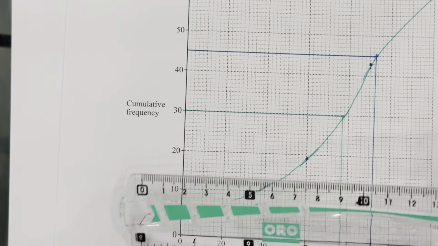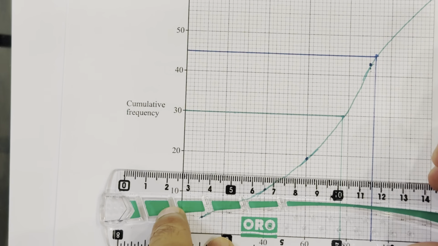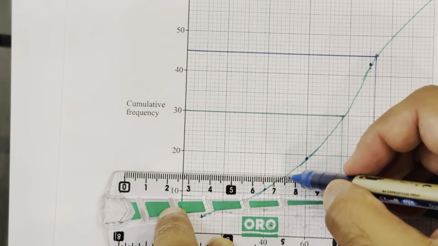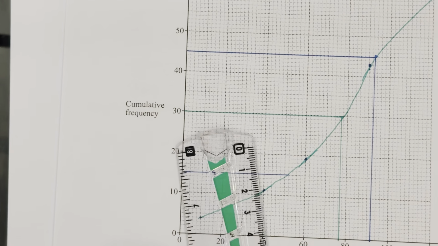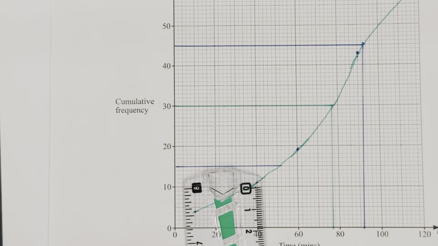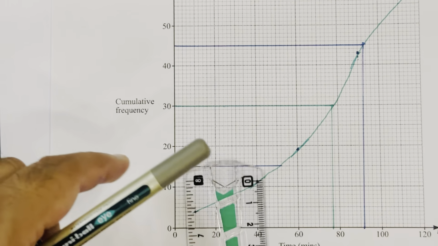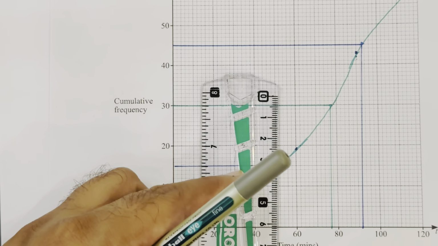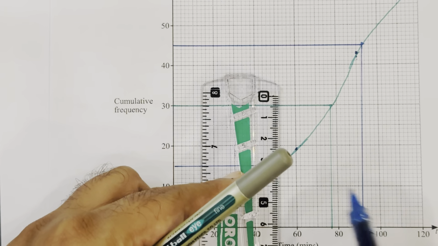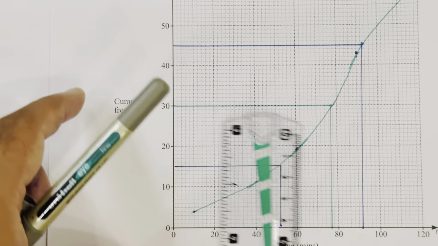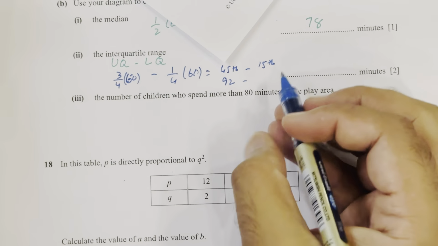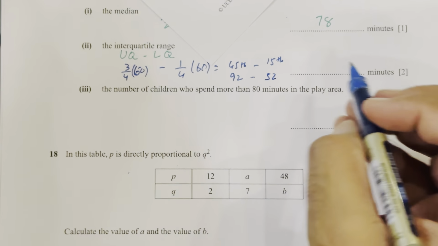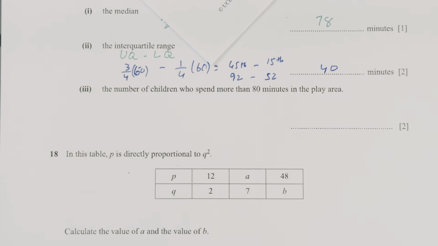And at the 15th value the graph is showing the value of 52. So we can take 52. So 92 minus 52, our answer would be 40 minutes.